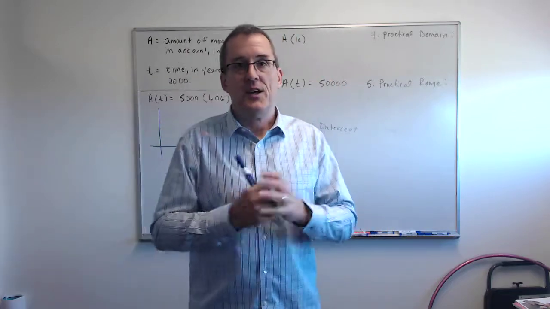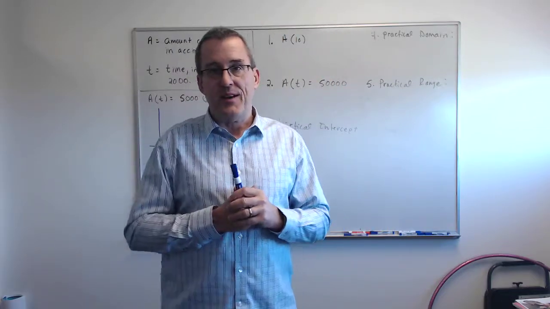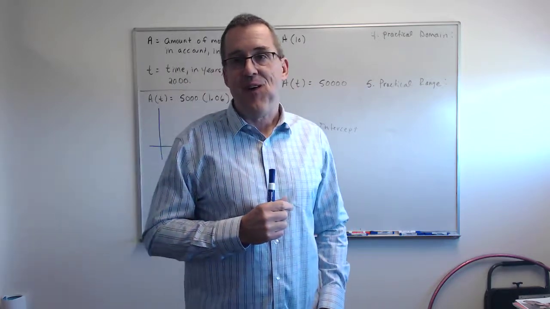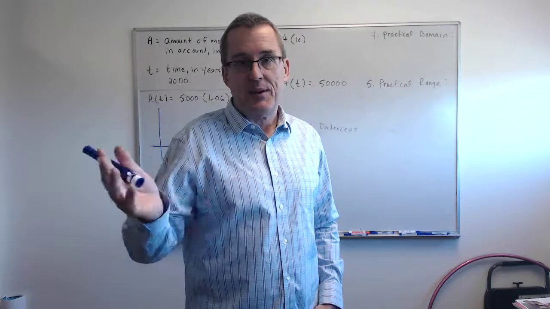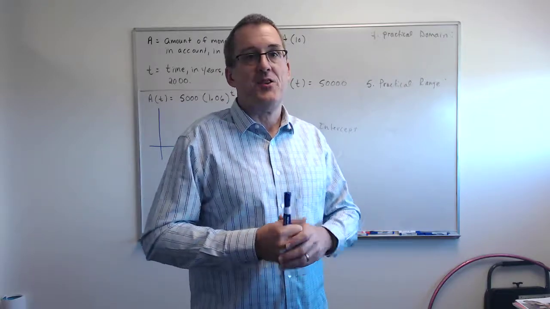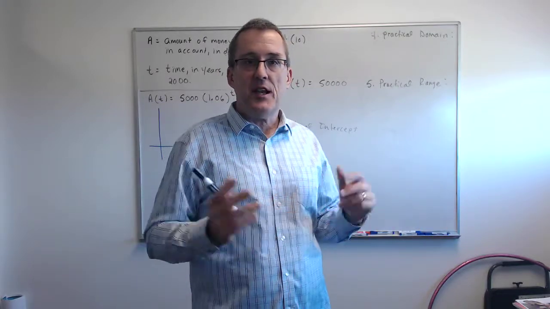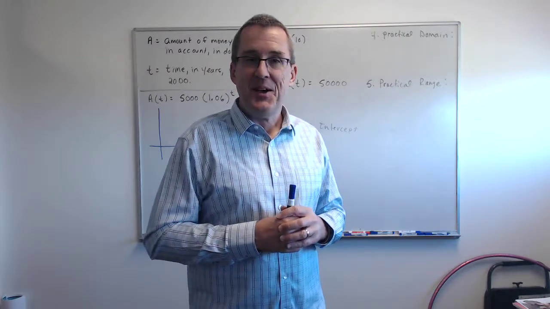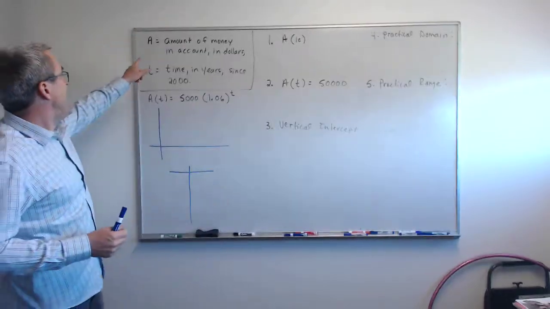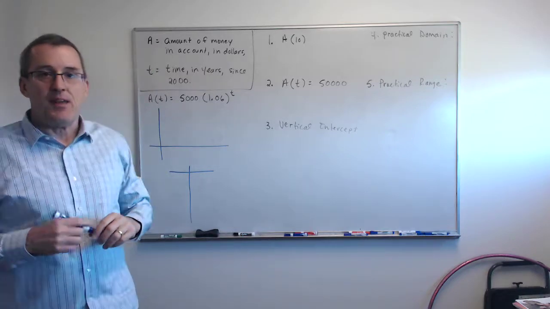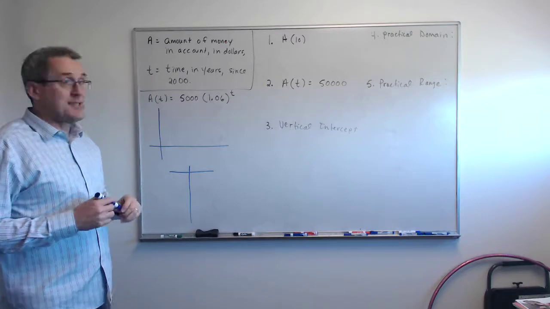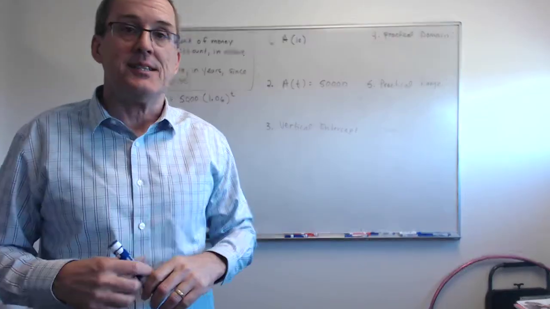All right, so here's the story by which we're going to operate for my example. You've got $5,000. You bring it to a place to invest it, and you're just going to let that investment sit and grow for a period of time. So I have two quantities I'd like us to think about. A is the amount of money that we have in this account in dollars, and T is the time in years since 2000.